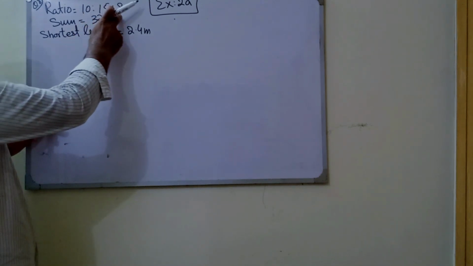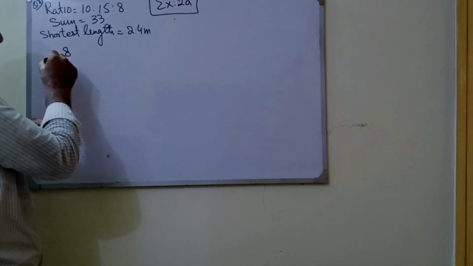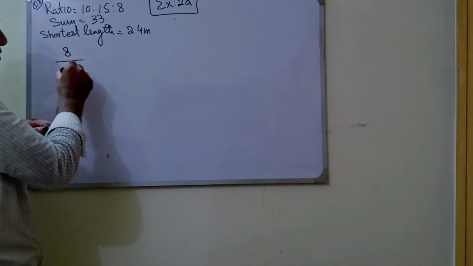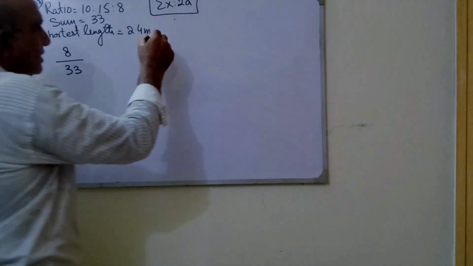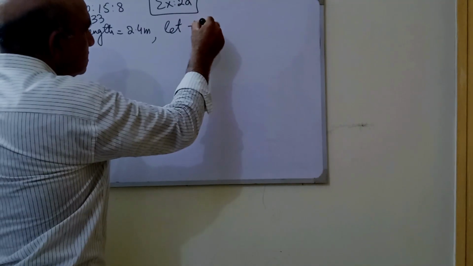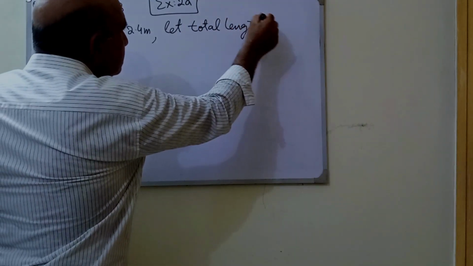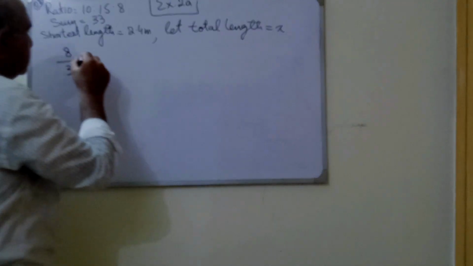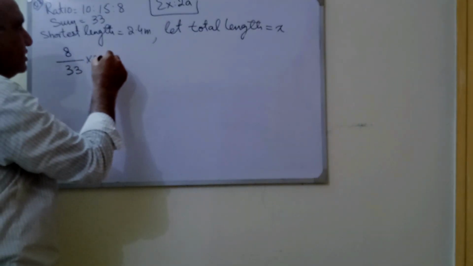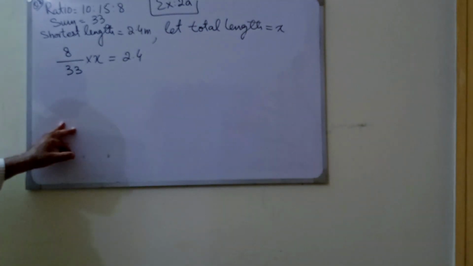So if the shortest ratio is 8, we write here 8 over 33 and we suppose let total length is equal to x.